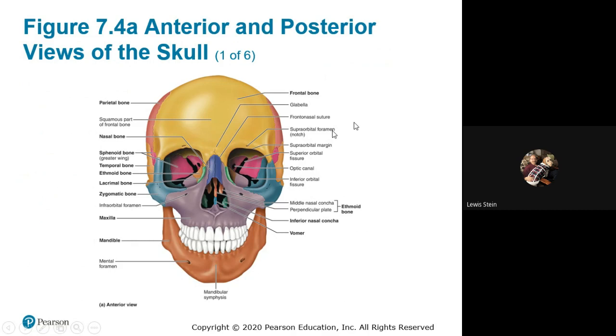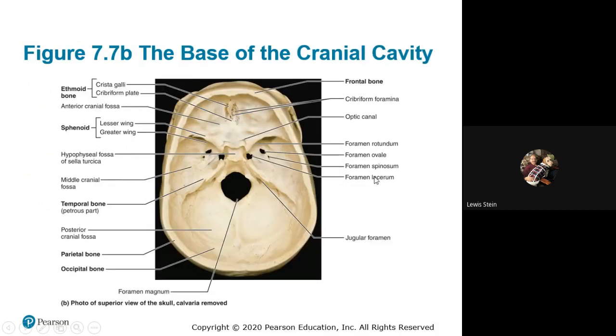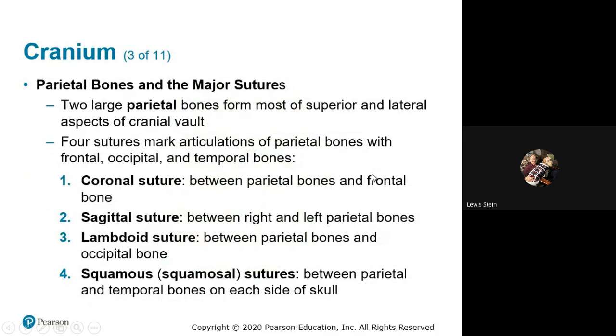Nevertheless, moving on. So that's that bone that's there. Now, inside, we'll get to the sphenoid and ethmoid. This is the ethmoid. The sphenoid's very interesting. I don't have a model of the ethmoid, but I do have one of the sphenoid. So they're just showing you some of these. The parietal bones are very, very large. Between the two of them, they make up most of the top of your skull.